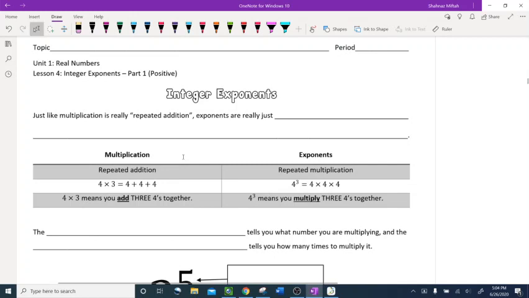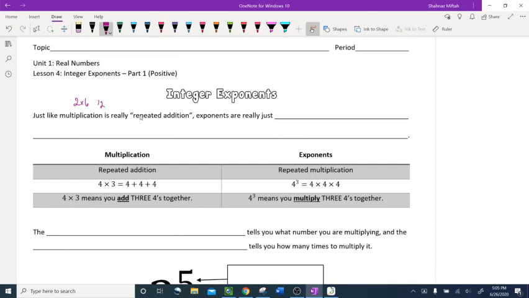Just like multiplication is really repeated addition, exponents are really just repeated multiplication. For example, if I have 2 times 6, it's going to give me 12.